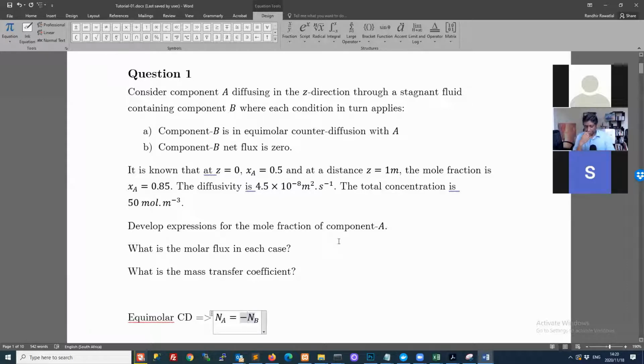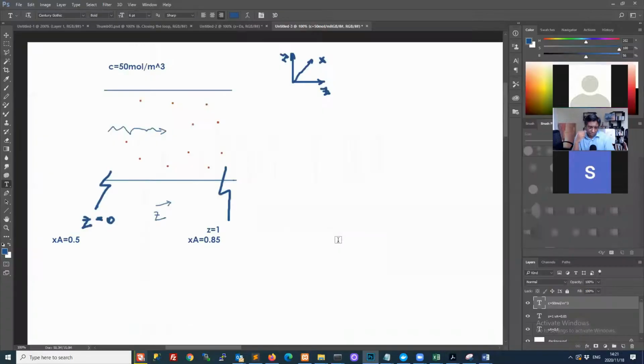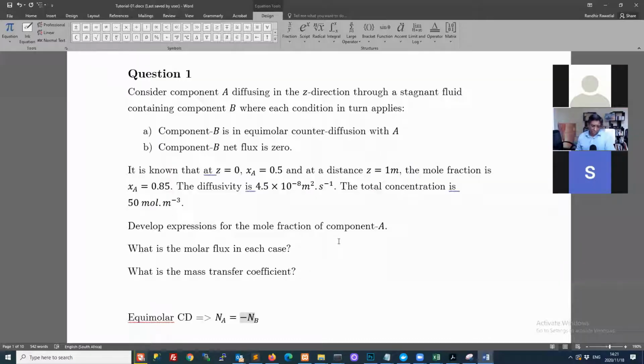Of course, molar flux is a vector quantity. So if you just stick a minus sign in front, it switches the vector onto the other side, and that's how we can represent equimolar counter diffusion, right? And so we want to now develop an expression for the mole fraction of component A, given this piece of information.